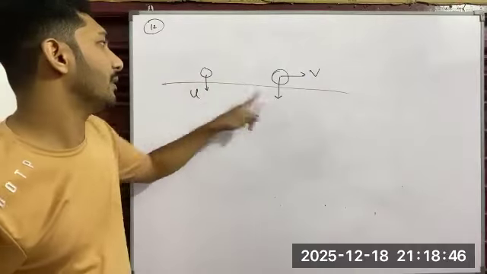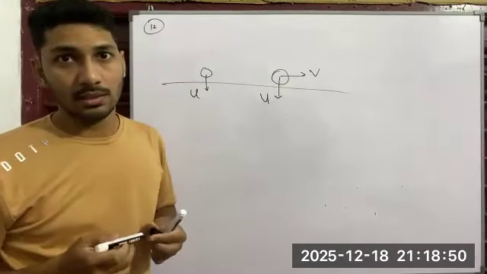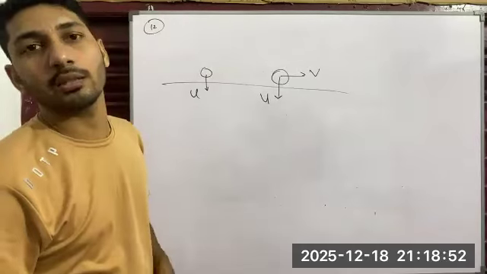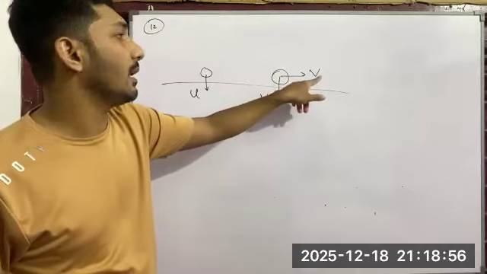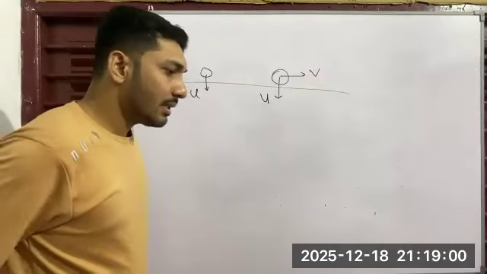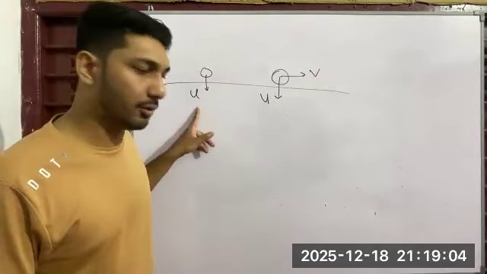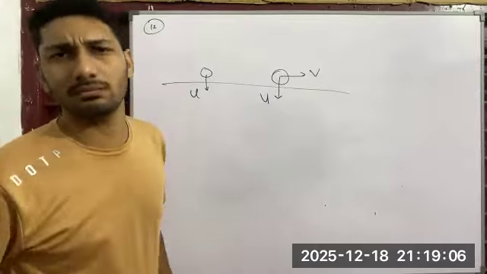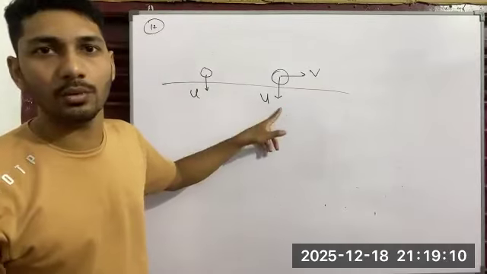Relatively, because these two have u vertically downwards, that doesn't bring a relative motion. What does B have additionally? v. So that is the motion of B relative to A. So it will be horizontal. Relative motion will be just horizontal because they both have u.